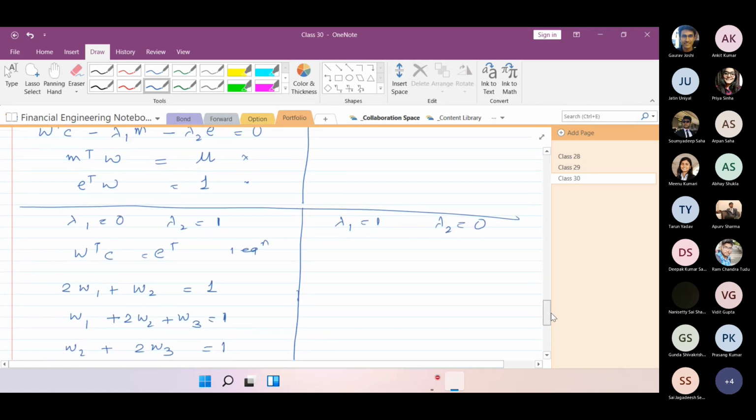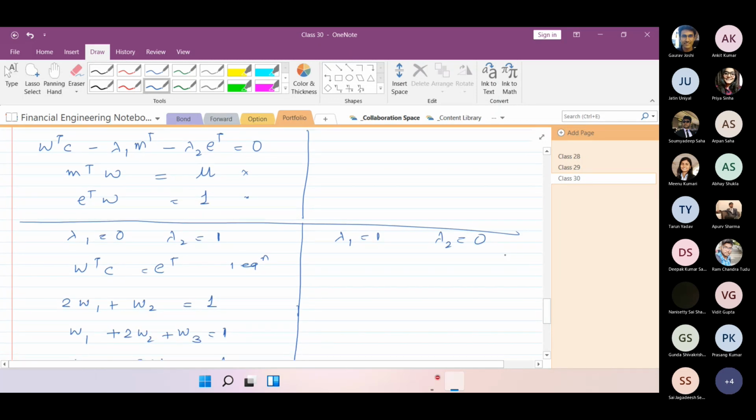Right. Now we go back and try to solve the second part, where lambda1 is equal to 1 and lambda2 is equal to 0. If I put that into my first equation, I can simply write W transpose C is equal to M transpose, or, taking the transpose, C transpose W is equal to M. Can I write that?